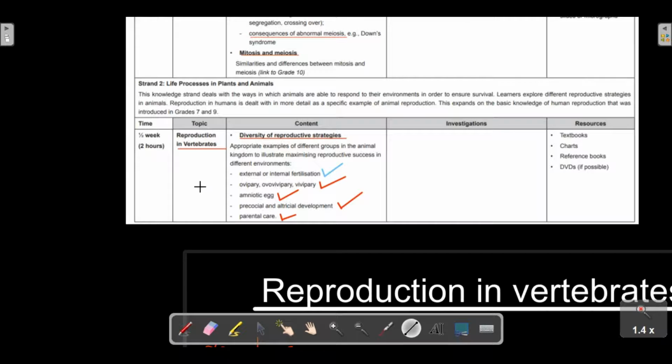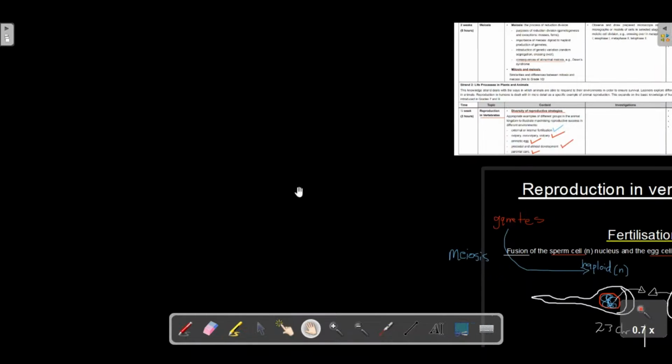So when it comes to reproduction in vertebrates, it's really about definitions and also knowing how to annotate and know the functions of the different extra-embryonic membranes you get in an amniotic egg. So let's take a look at these.